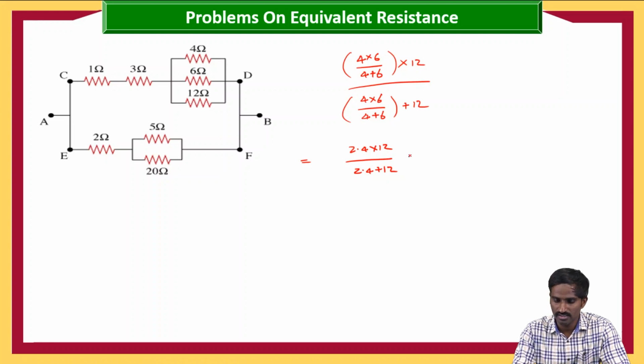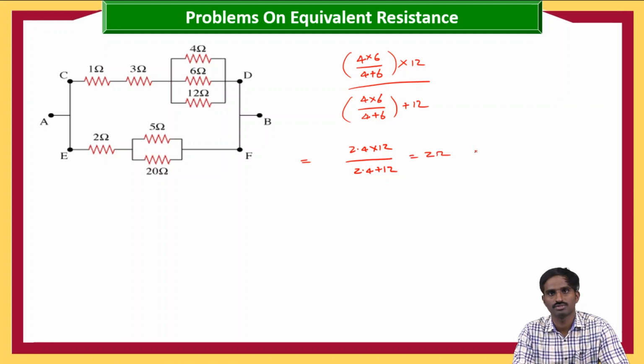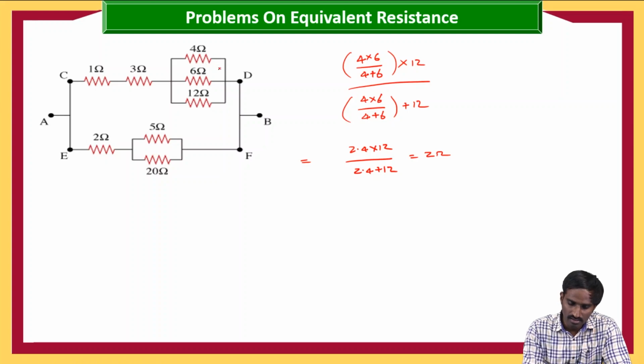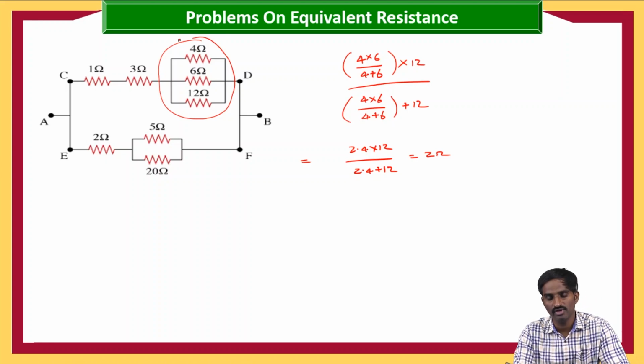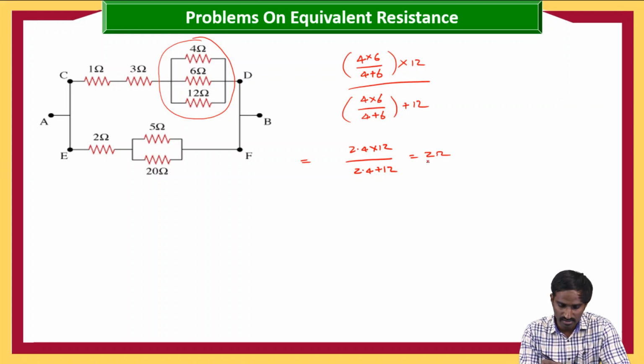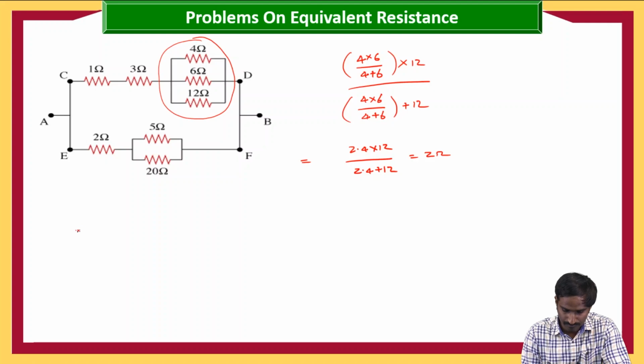Then the answer here is 2 ohms. Then we can replace these total 3 resistors with an equivalent resistance of 2 ohms.